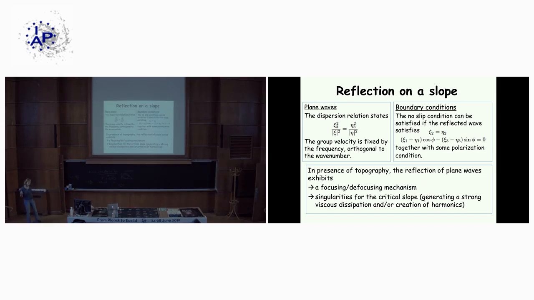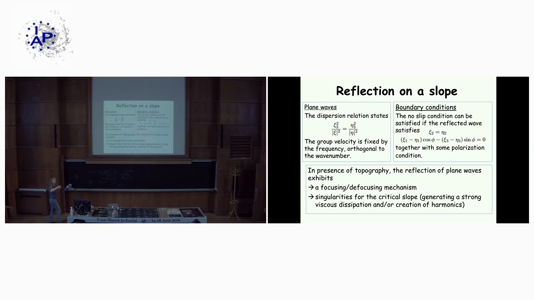So compared to usual waves, so I call usual acoustic and electromagnetic waves. For these waves, what you know is that omega is like the modulus of k. And so if you look at the geometric optics or WKB approximation, what you expect is that your wave will propagate, of course, straight.